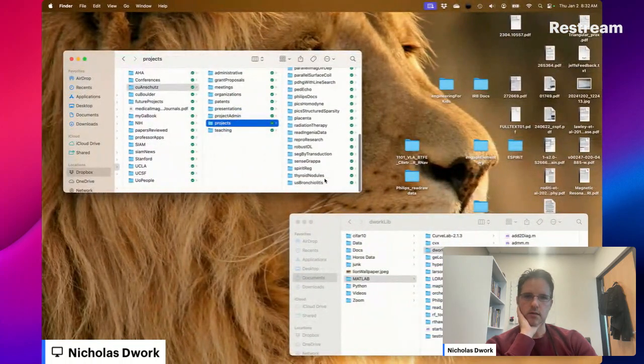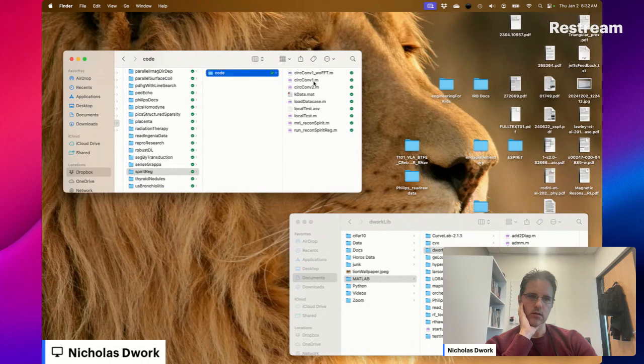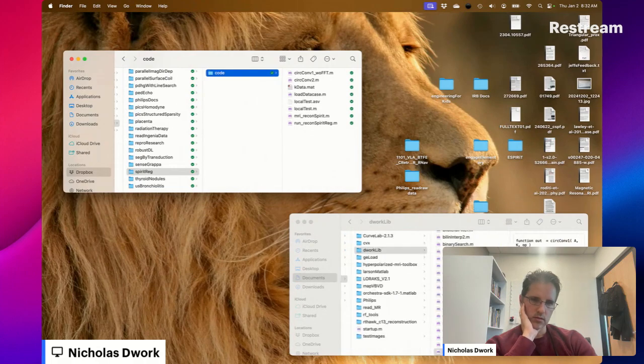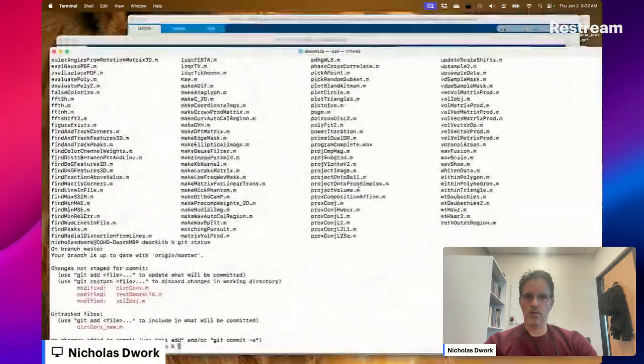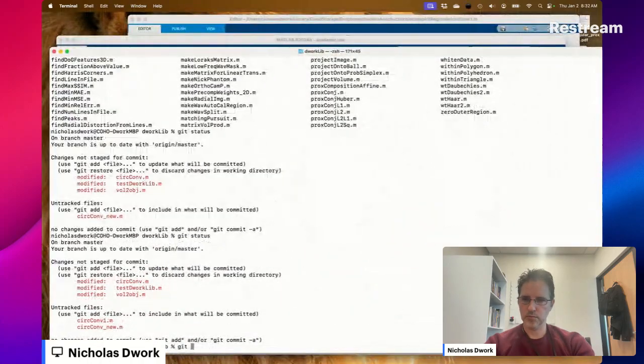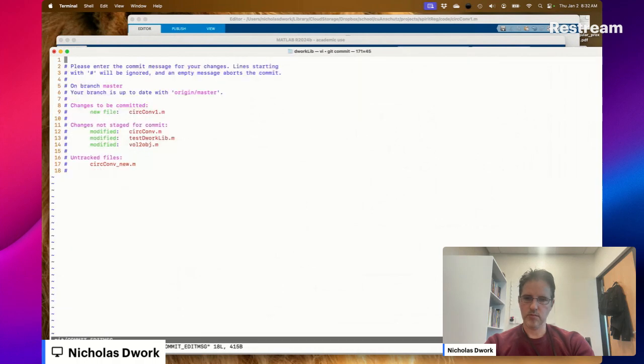SPIRiT. Adding circ conv 1 to the repository.